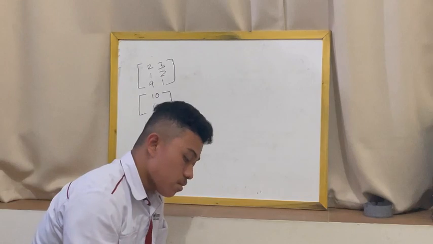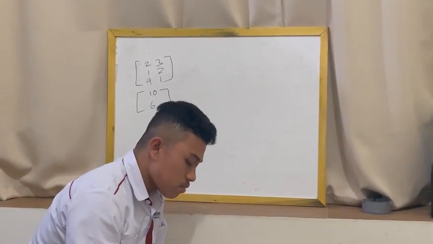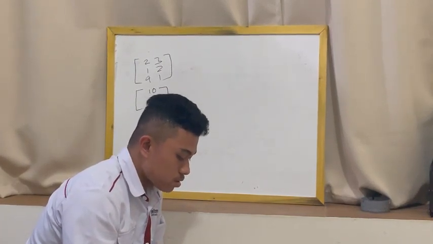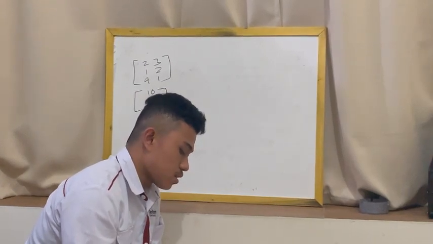To solve this problem, we can represent the resource requirement matrix as A and the available resource matrix as B. We need to find the matrix C, which represents the maximum number of units of each product that can be produced.